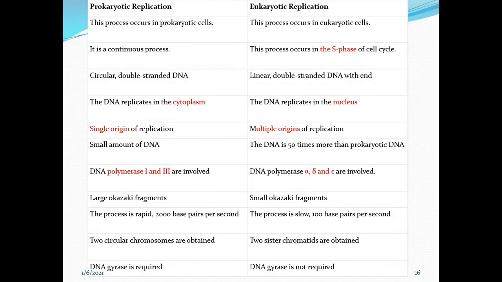So now we would be studying what is the difference between prokaryotic and eukaryotic replication. First of all, we have to understand the structure of DNA that is present in prokaryotes and eukaryotes. If we talk about prokaryotic microorganisms or bacteria, for example E. coli, it has a single circular DNA.